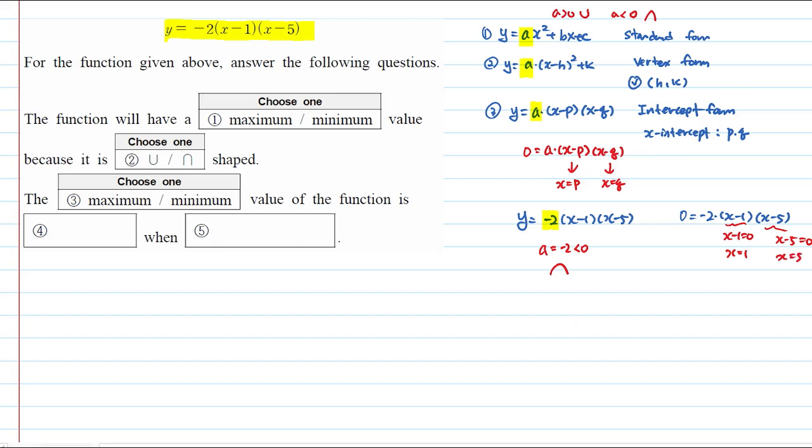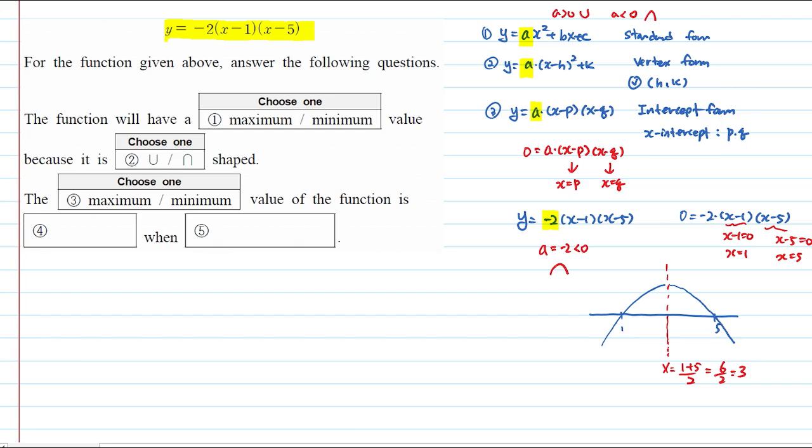So let's just draw a rough graph here. That's 1 and that's 5. We know that the graph will be upside down U-shaped like this. Now, knowing the 2 x-intercepts, you can figure out what the axis of symmetry is. That would be the average of 1 and 5. 6 over 2, that's 3.